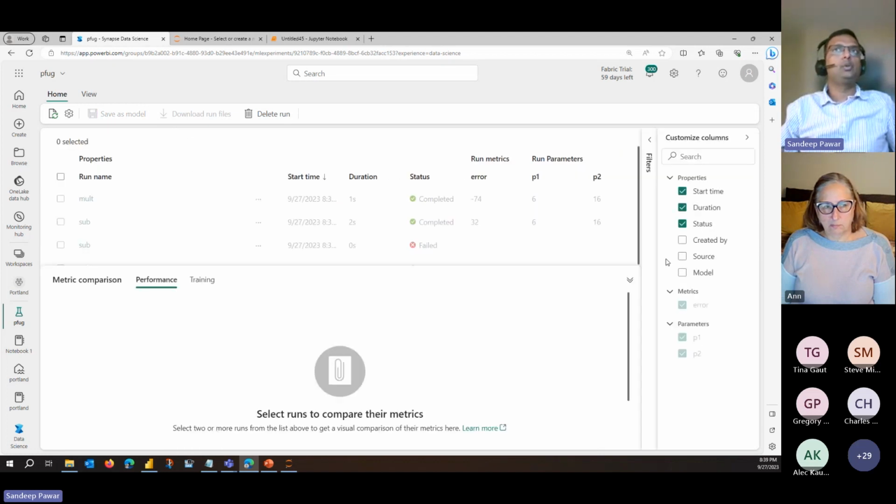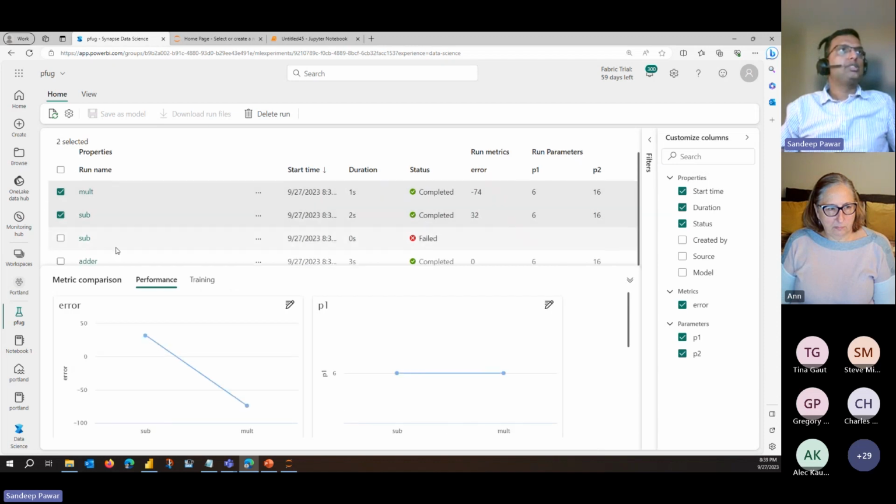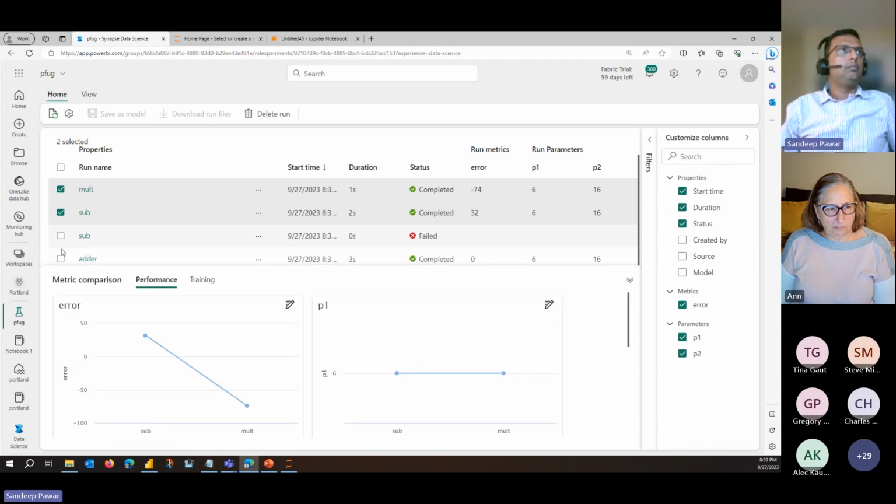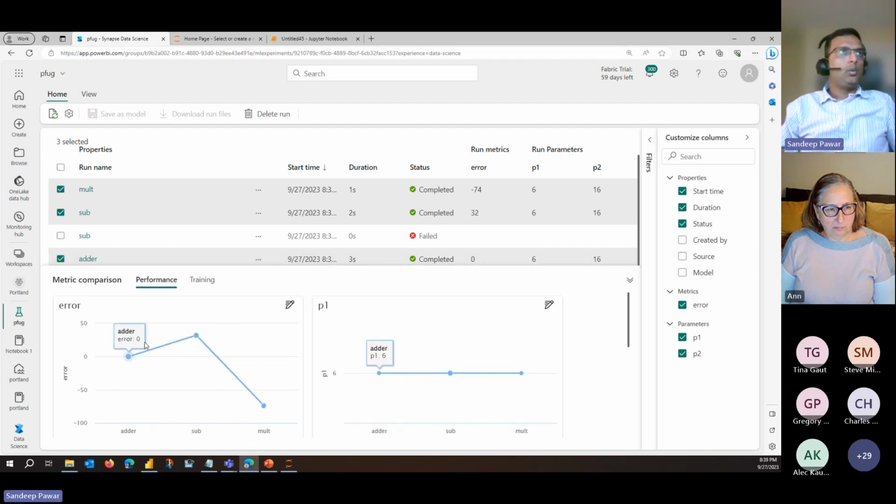I can click on the view here, and then I can select, I want to compare this, and then this. And what do I want to compare? I want to compare the errors for these three experiments that I ran, and these are the results. For the adder, I have a zero error.